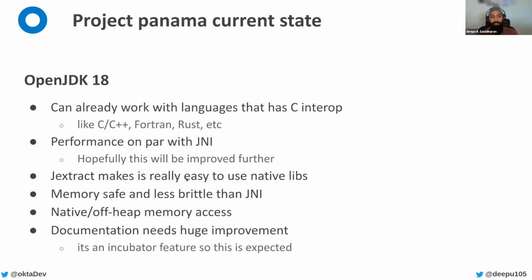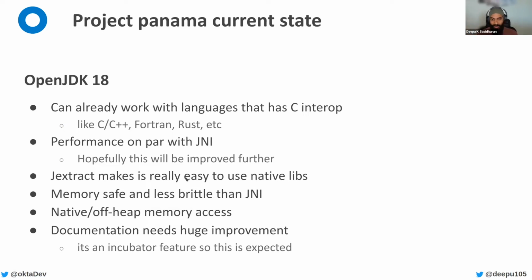That means the APIs are being broken for every release, so there's not going to be any warning about deprecations or you will see breaking API changes. Between 17 and 19, with whatever trials I was doing, for example, I was trying to do some GPU stuff with this, and I had to rewrite the code like 10 times between versions.